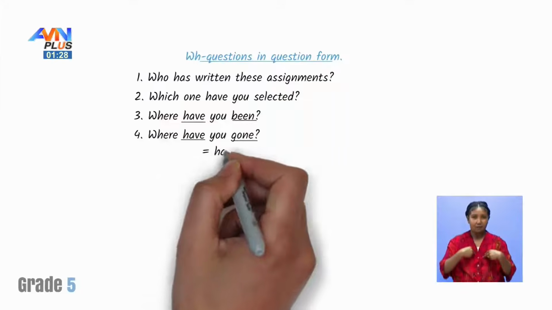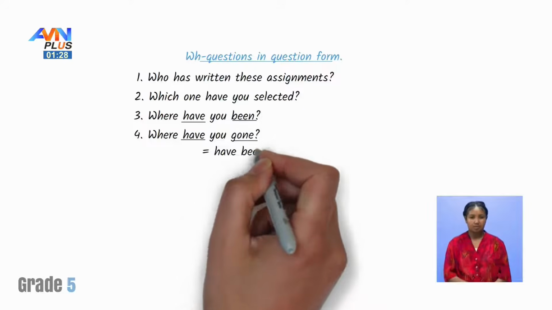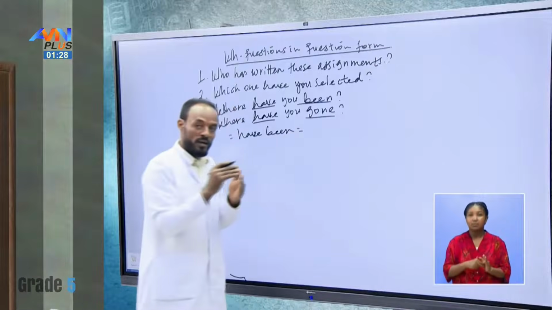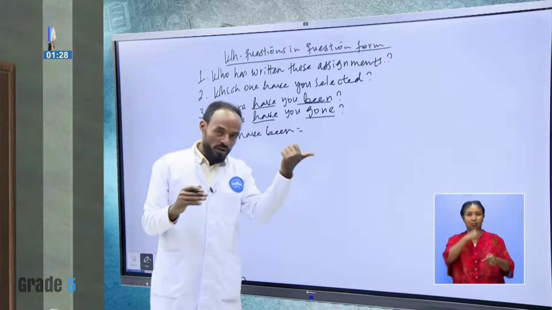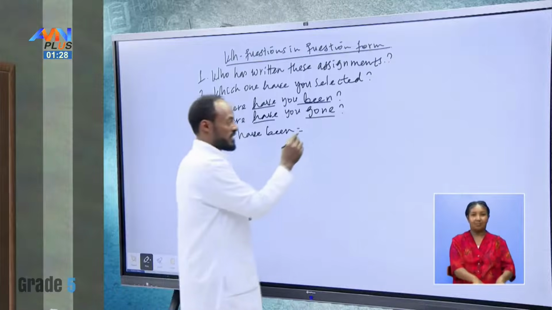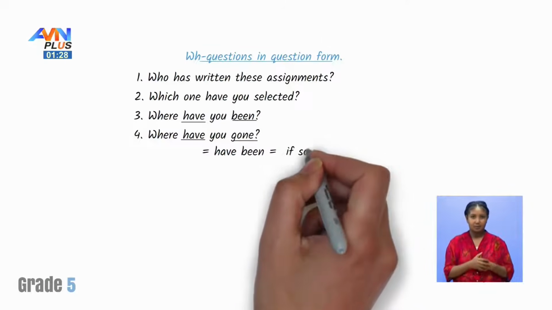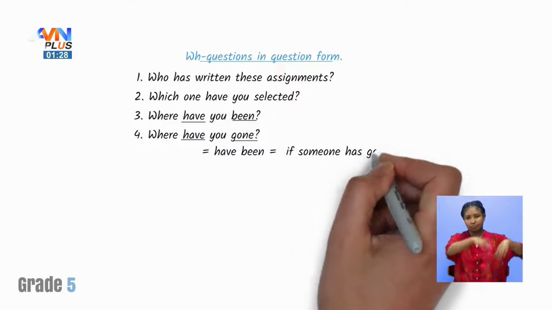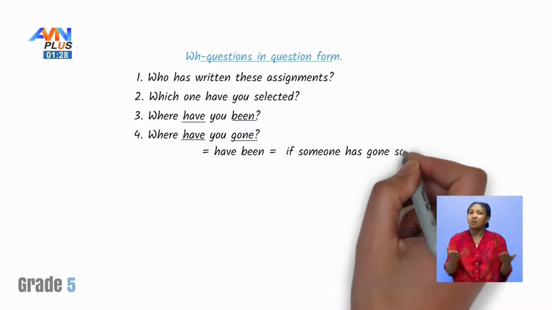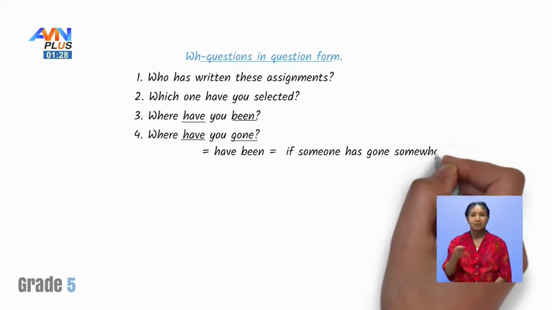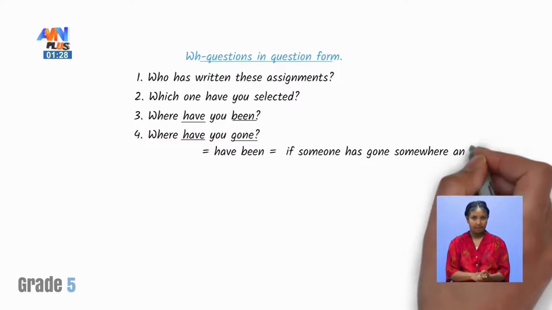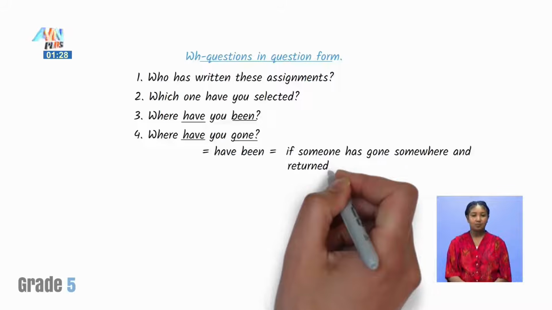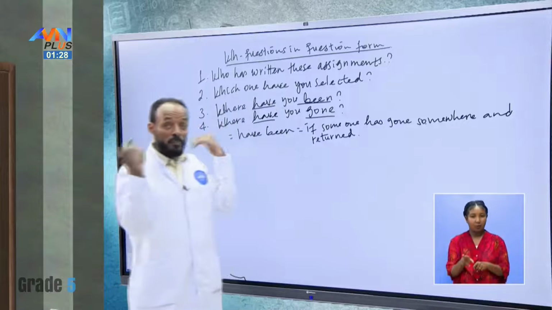Have been, when you are using such kinds of structure, means someone has gone somewhere and returned. Returned or came back.